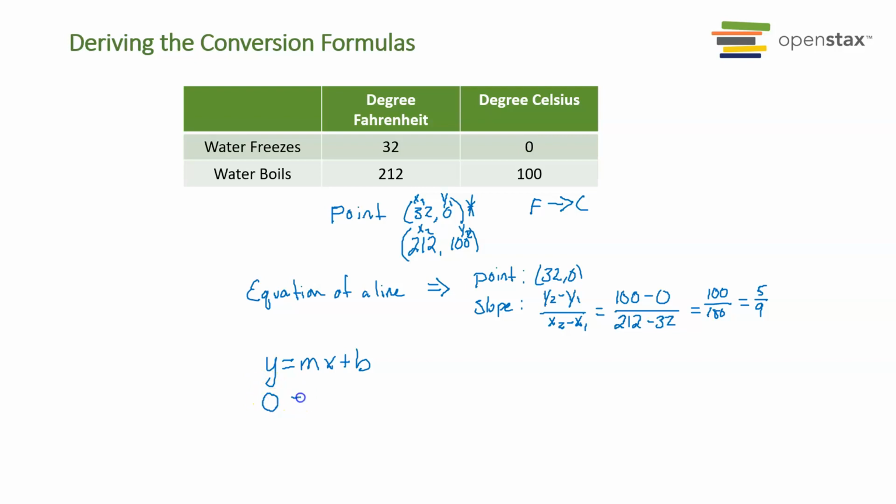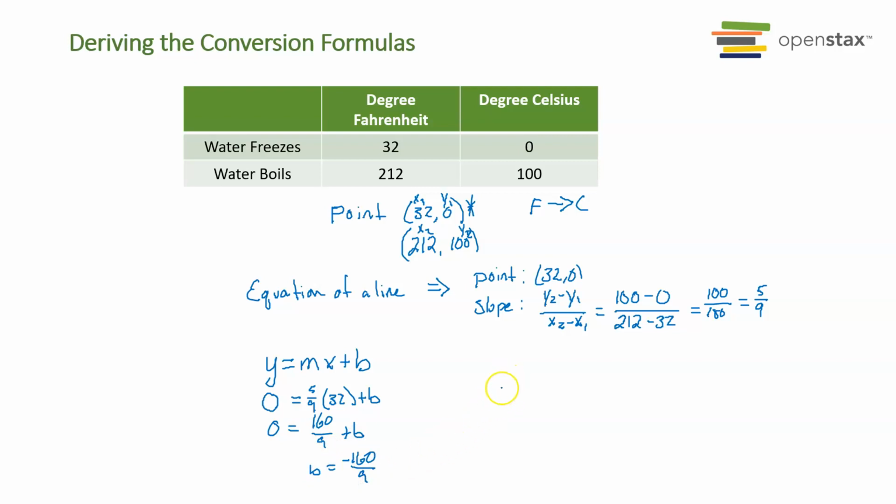So y is 0, the slope is 5/9, x is 32, and we've got plus b. That ends up being 0 equals 160 over 9 plus b. So b is negative 160 divided by 9.